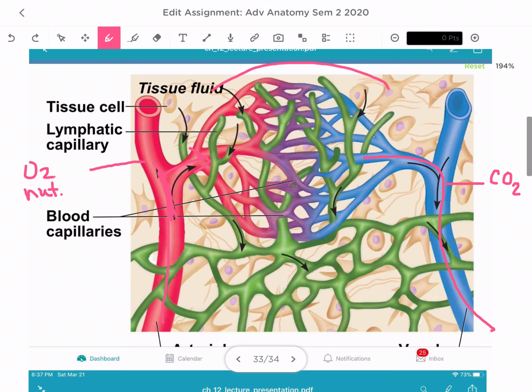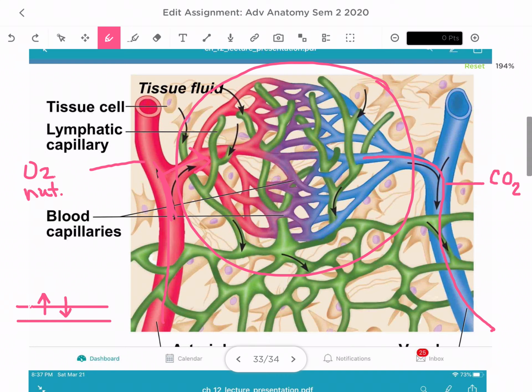This structure in the middle is really important. This is representing a capillary bed. If you remember back to the respiratory chapter, capillaries are only one cell layer thick, so oxygen and nutrients can diffuse in and out.